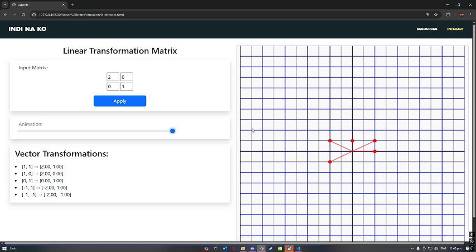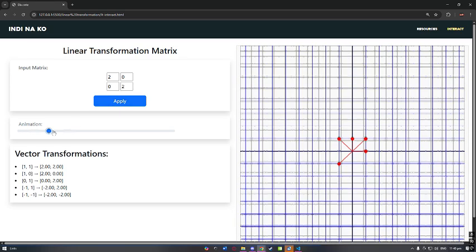For example, our 1, 1 vector was supposed to be here, but after we scaled up the x value twice, you can see it's now at 2, 1. If you also want to scale the y twice, you can also do that, like so. And if you want to scale both, you can do that.